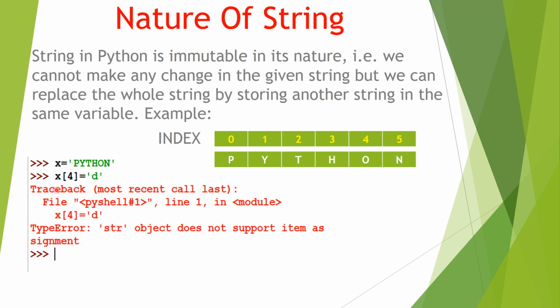Now here we are trying to replace the value of the fourth index, which is O. The element O is at the fourth index, and we want to replace this with the element D. This will not be done. After the execution, the type error will be: string object does not support item assignment. That means we cannot change the element in the string.